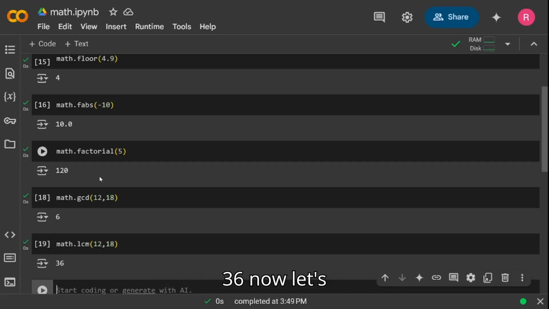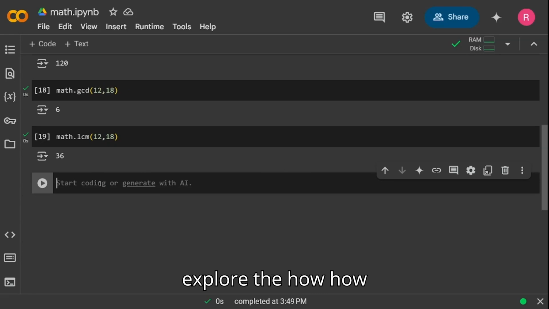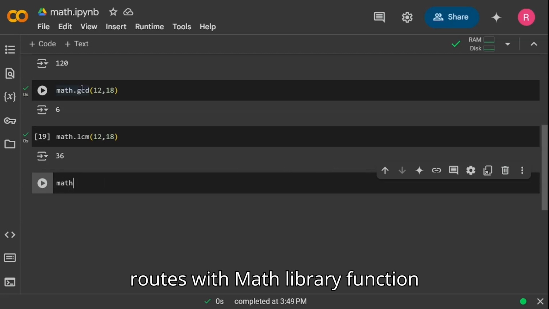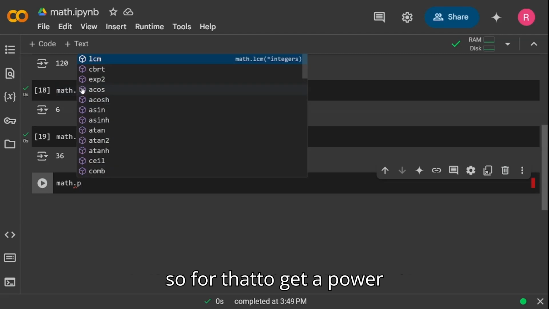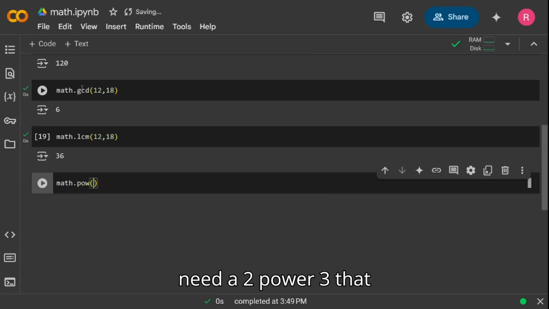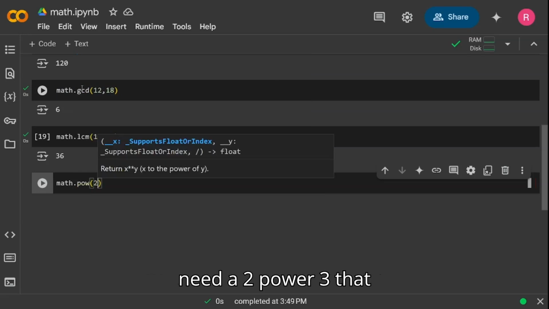Yeah, that's 36. Now let's explore how I can find powers and roots with math library functions. To get a power we can use pow, and here I need 2 power 3.